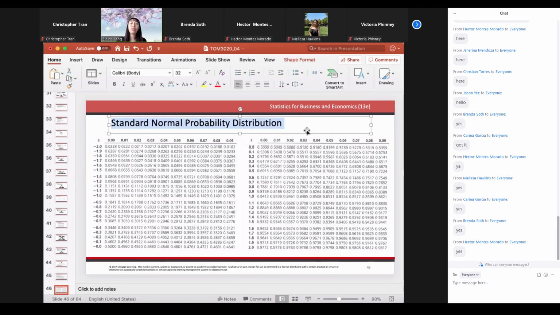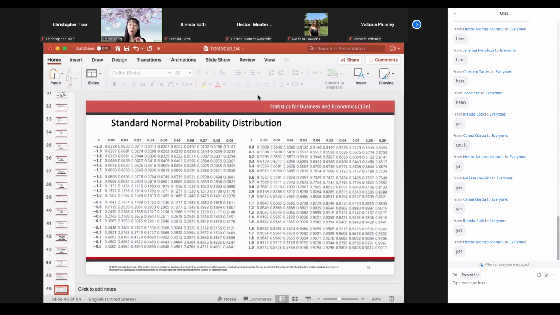Again, it is the cumulative standard normal probability table. It needs to be the cumulative. If you Google and find a version that's not cumulative, you will get a different set of numbers, and that doesn't mean the same thing. So make sure it's cumulative. But again, just use the textbook I give you, and everything is standardized.